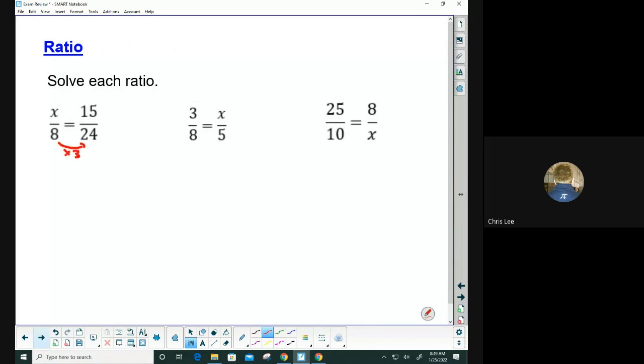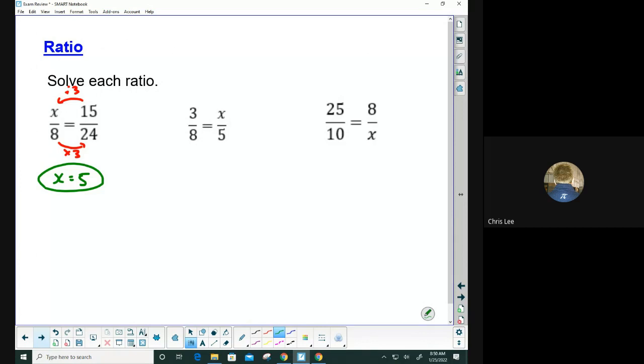Times 3. So if I'm going to go backwards, what do I have to do? Yeah. And I think we might be able to do that in our head. 15 divided by 3 is 5. So that is a totally acceptable answer. Right? You just did some operations, some thinking, and got x equals 5.